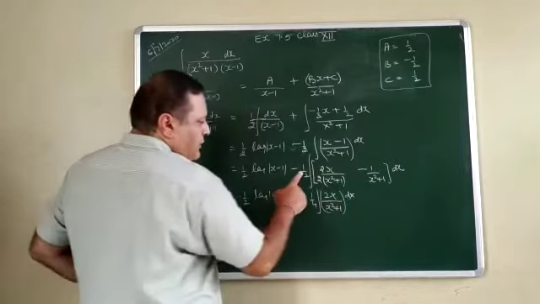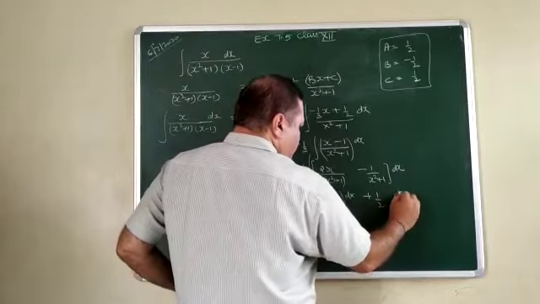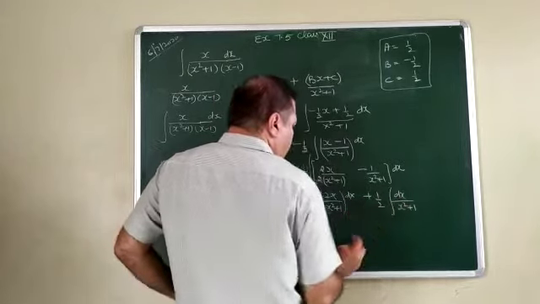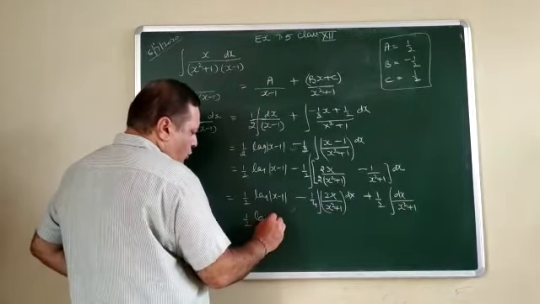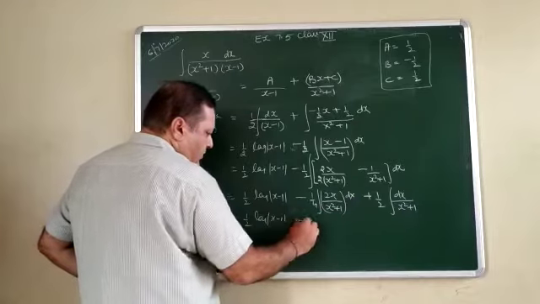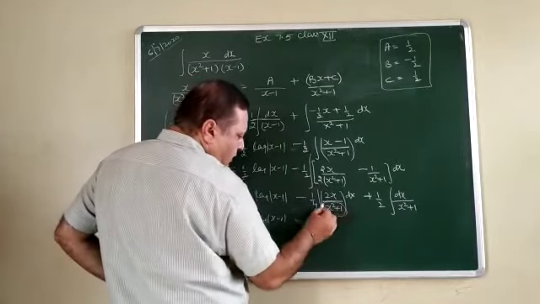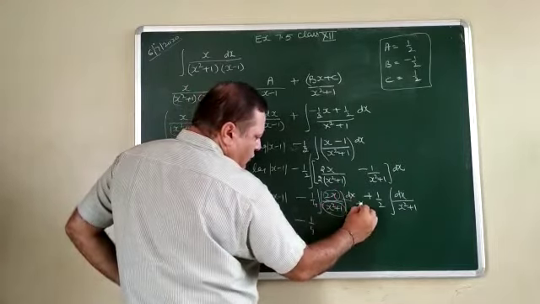This one, this multiplied with this, minus minus plus 1 by 2 dx upon x square plus 1. Now these two parts are to be integrated. It is 1 by 2 log of x minus 1 minus 1 by 4. If you see, this is the t, then this result becomes dt.